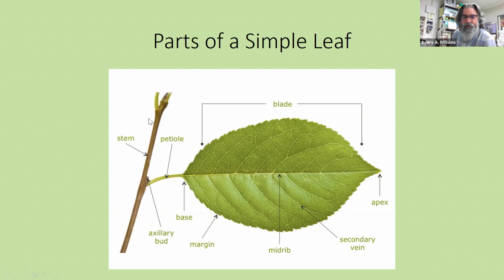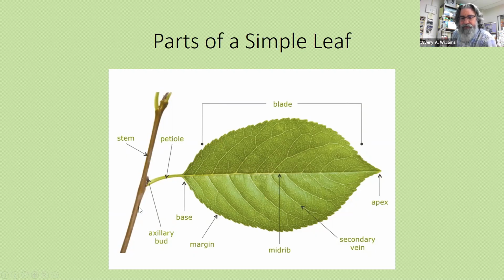The stem, of course, is that portion of the plant that supports the leaf, and the stem-like structure that supports the leaf itself is the petiole. The main body of the leaf is the blade, or sometimes it's called the lamina. In the center of the blade, it looks like an extension of the petiole.